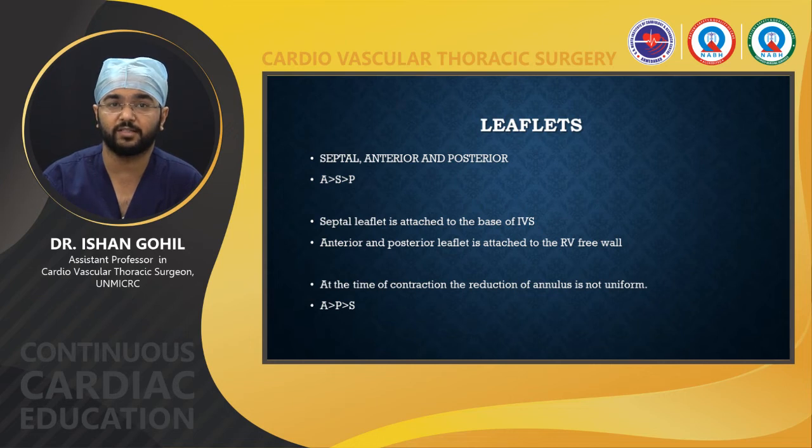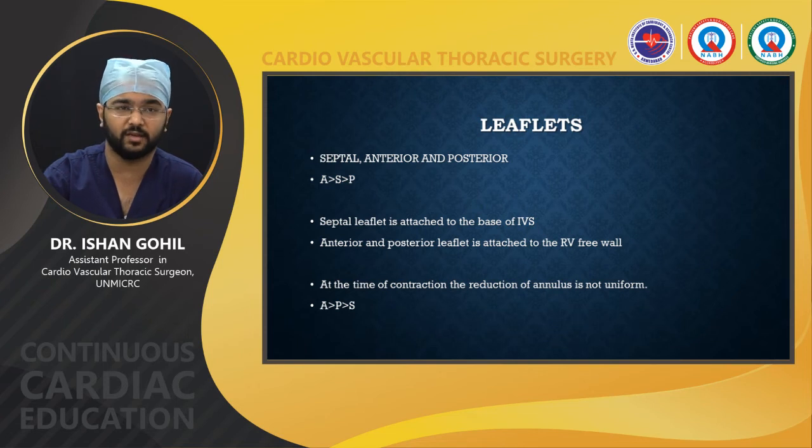At the time of contraction, similar to the mitral valve, the tricuspid valve annulus also contracts, and the reduction is not uniform. The reduction is directly related to the size. Firstly, the septal leaflet, as it is attached to the IVS, does not decrease in length much.